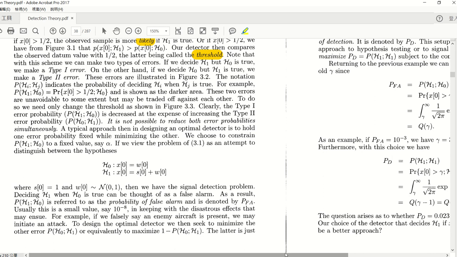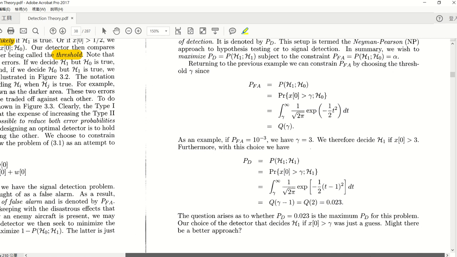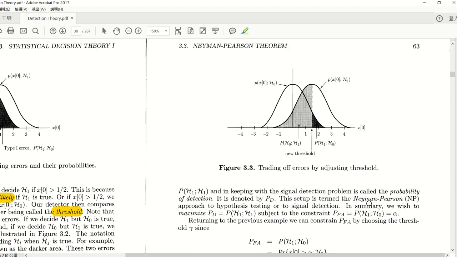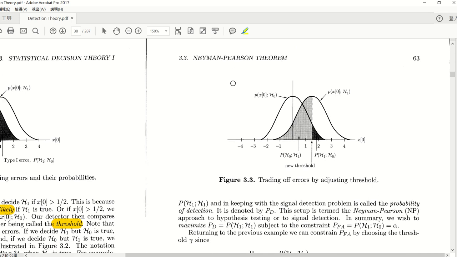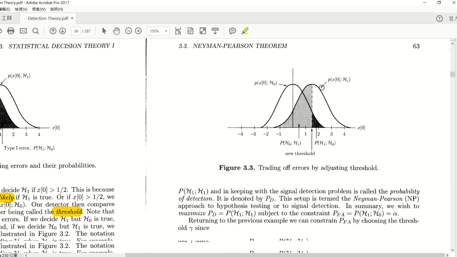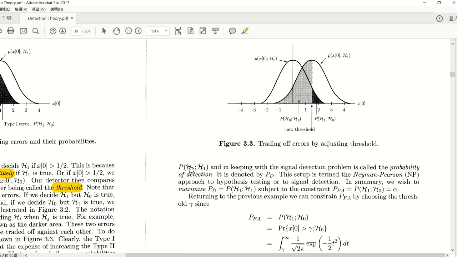This is the so-called Neyman-Pearson criterion. The Neyman-Pearson philosophy is to set a threshold on PFA and then minimize the other type of error. Let's take a look.